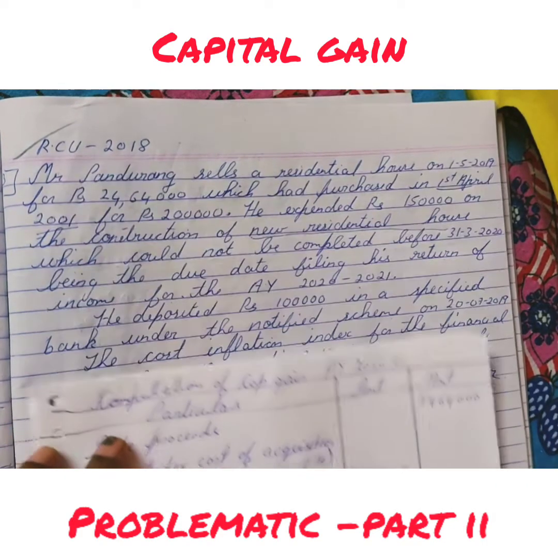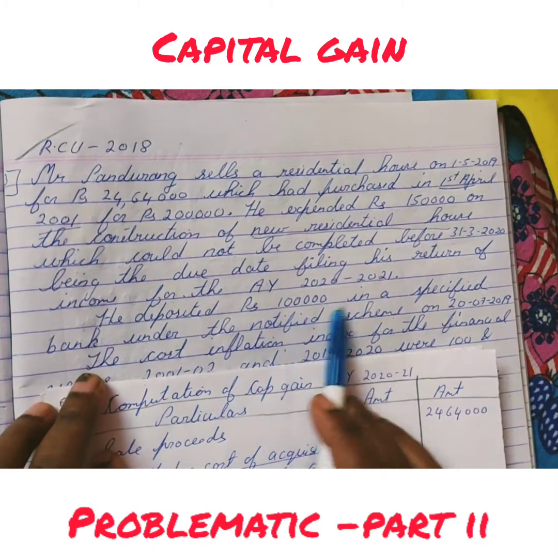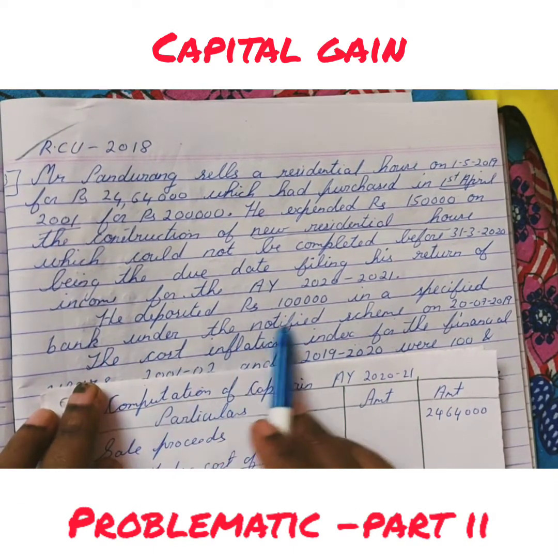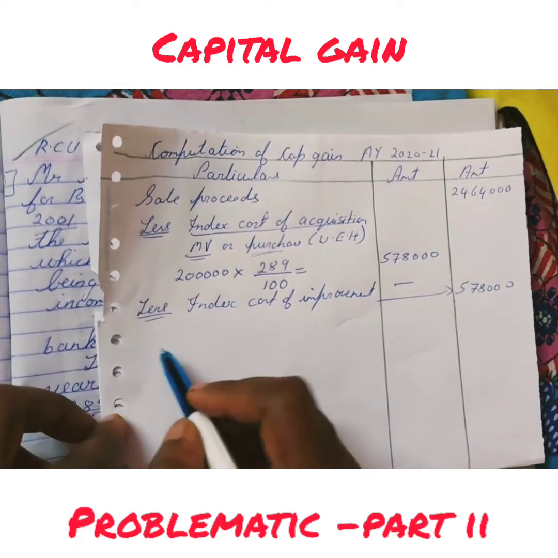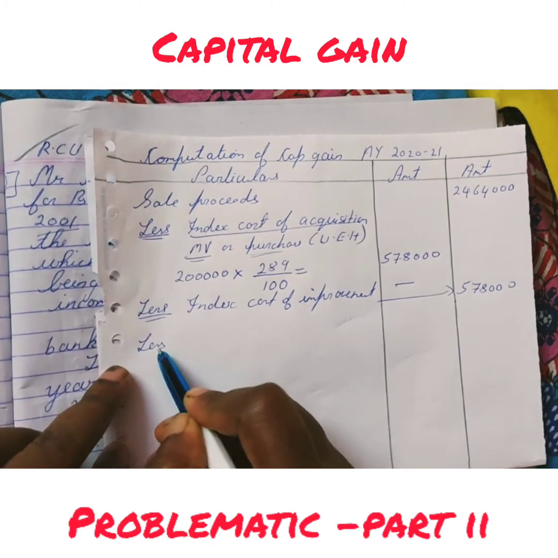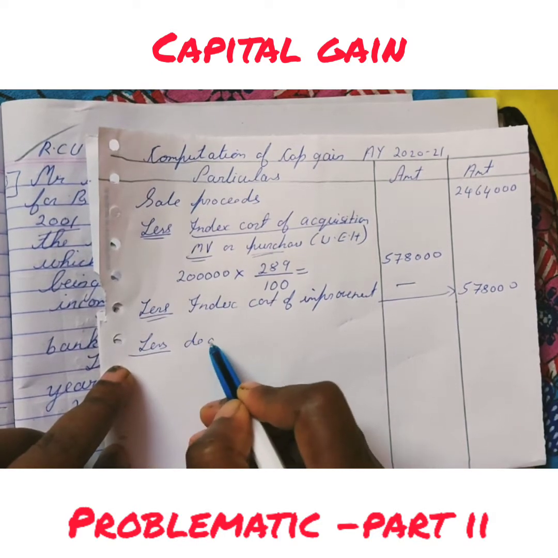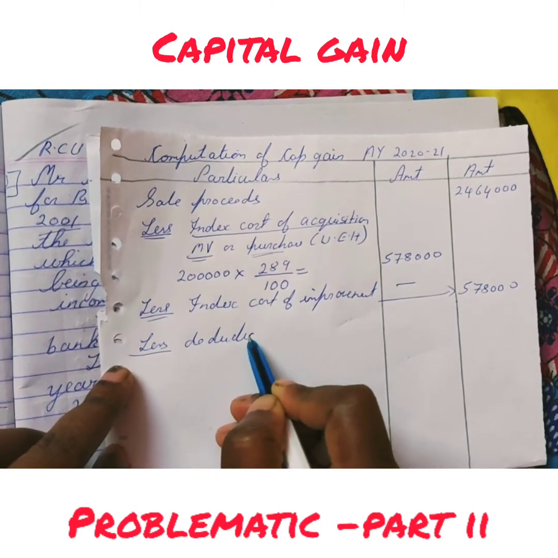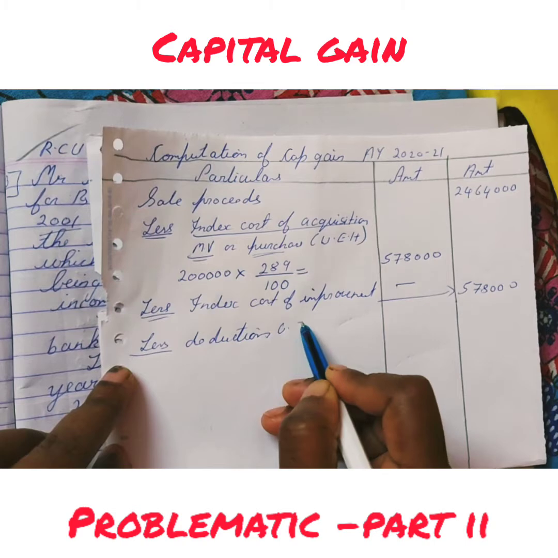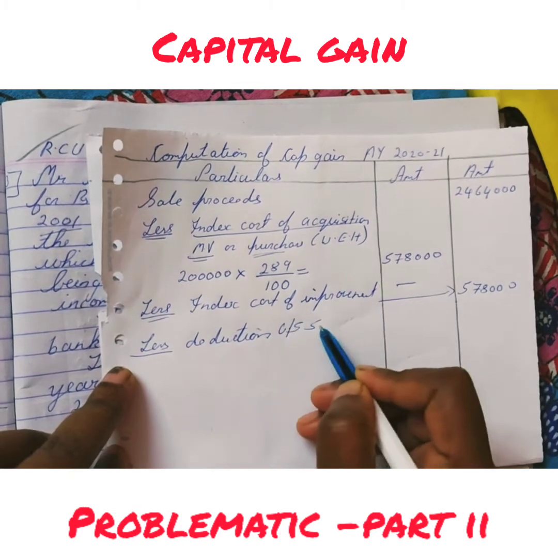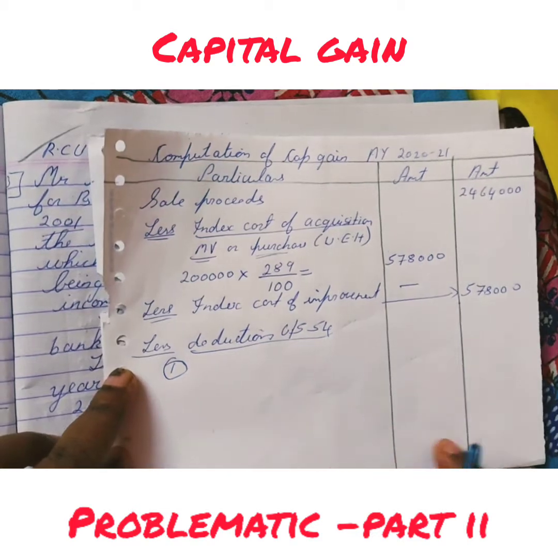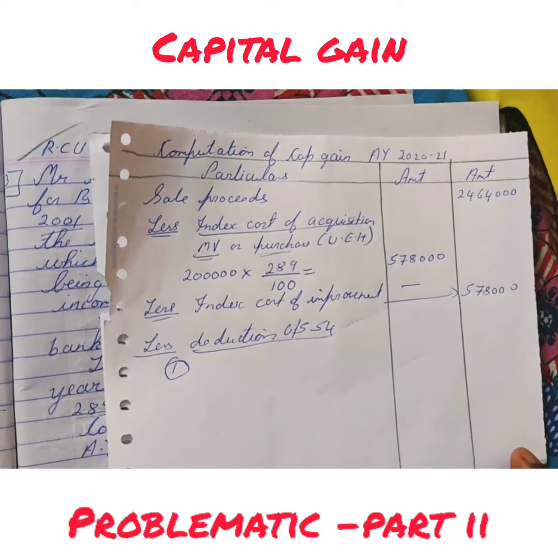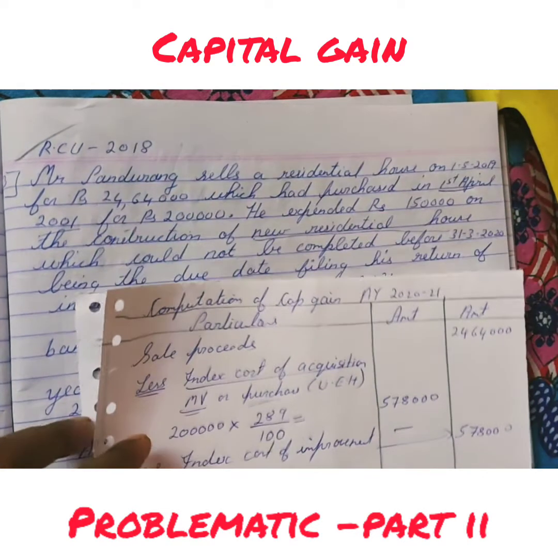Because he has deposited 1 lakh in a specified bank under the notified scheme, this is nothing but less: deduction under section 54. Under section 54, first we have to take the cost of construction of the new house. Here, how much has he spent?